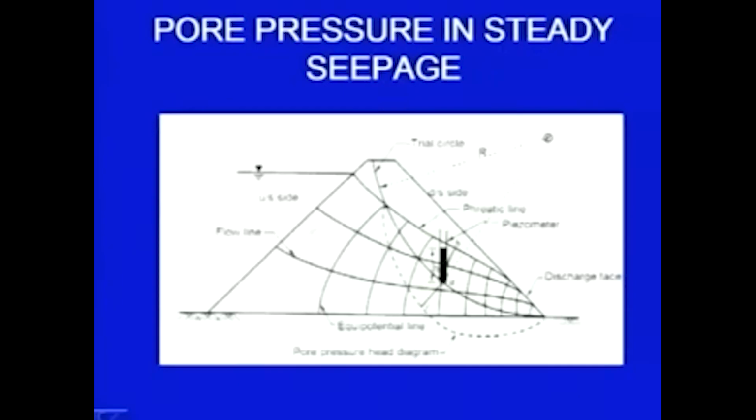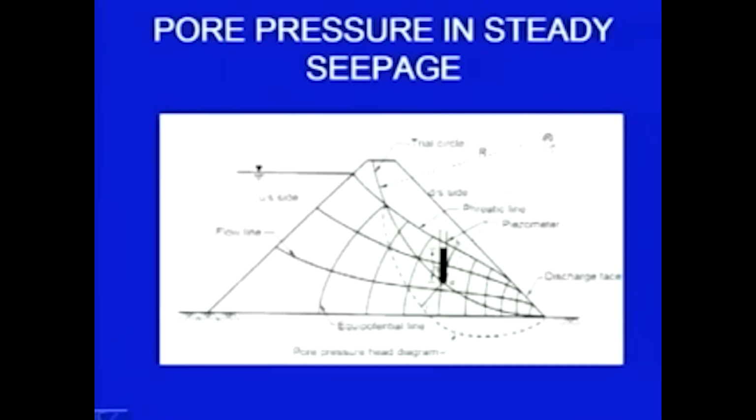Here is an earthen dam and this is the upstream side, water is standing at this level, and let us say we are considering the stability of the downstream portion.